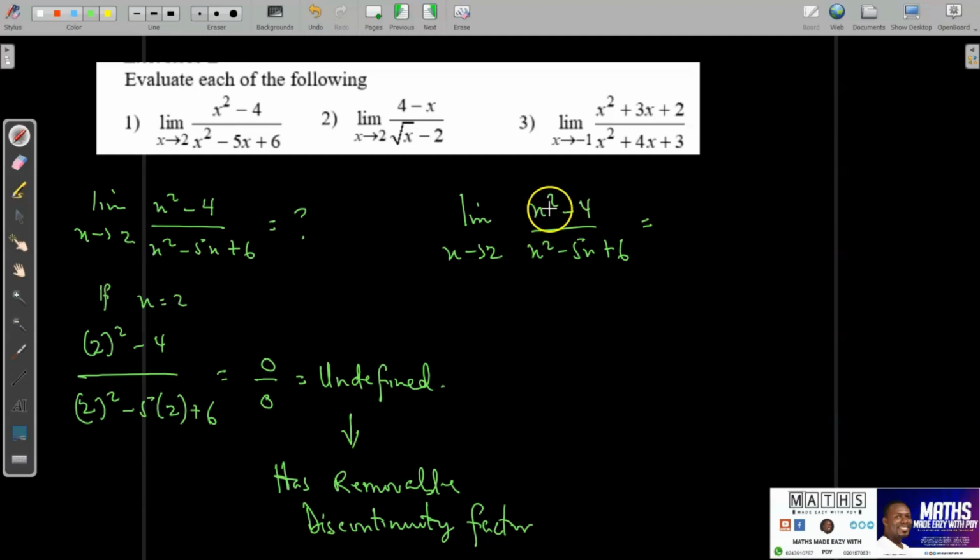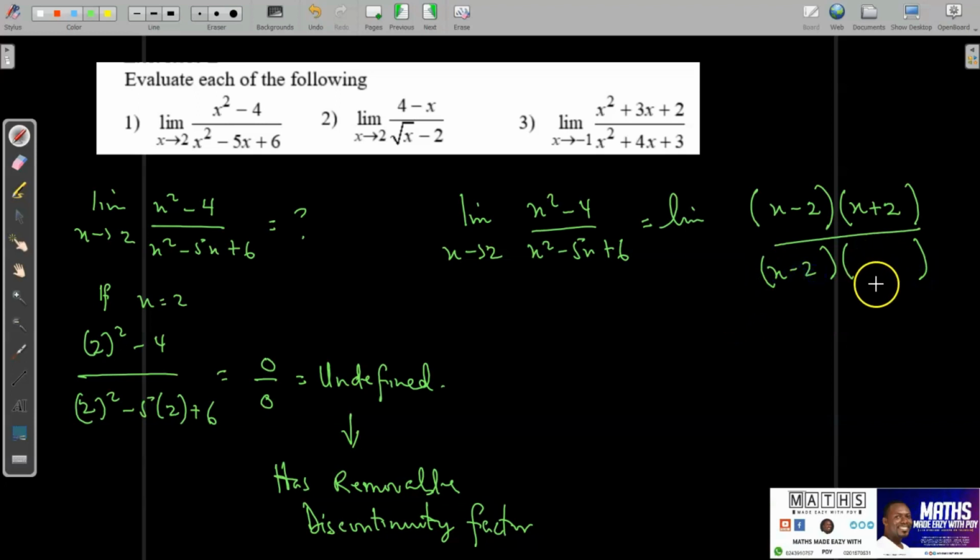So help me out in factorization. x squared minus 4 can be written as what in factor form? x minus 2 multiplying x plus 2, all divided by, let us change this quadratic trinomial to factor form. Please help me with the factor. You have x minus 2 times what? x minus 3.